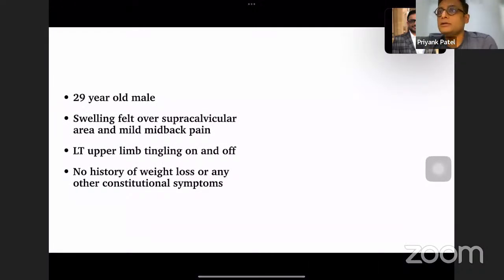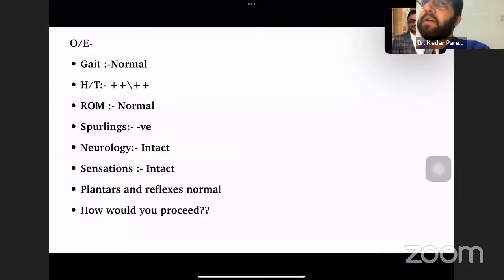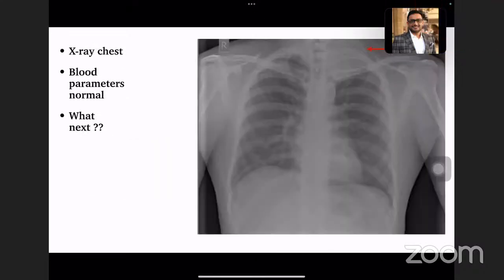On examination, gait was normal, neurology was completely normal, range of motion was good, Spurling's was negative, plantars and reflexes were normal. Based on this, how would most of the people present here today proceed? What would be the next thing that you do, or what would you like to look into? Actually, you want to take it up?